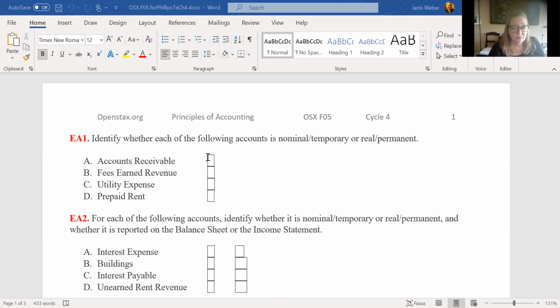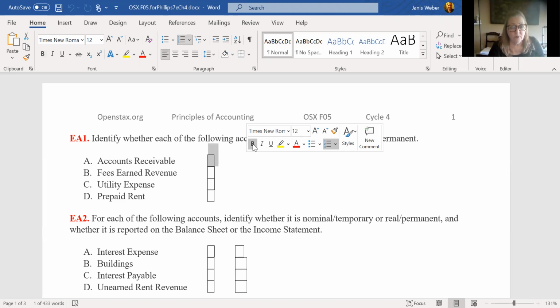Okay, so accounts receivable at the end of the year, there's a balance in accounts receivable. You don't reset to 0 on accounts receivable. You want to carry over your accounts receivable at the same balance it was December 31st or whatever your year end is. So that would be a real or permanent account.